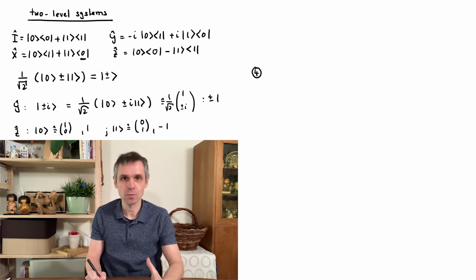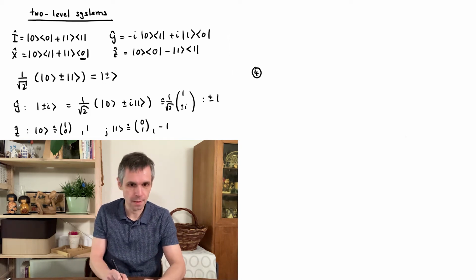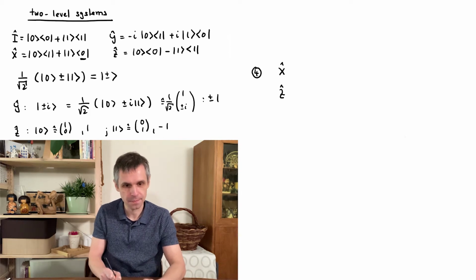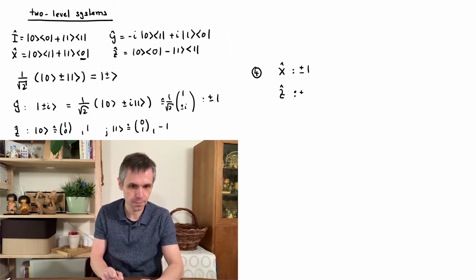So in measurements, we do measurements on observables, which are represented by these Hermitian operators. And for example, we are going to consider the cases of the observable x and z. The possible outcomes of the measurements are restricted to the eigenvalues, so to +1 or -1.